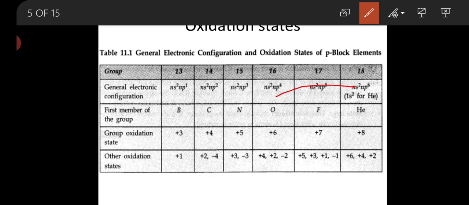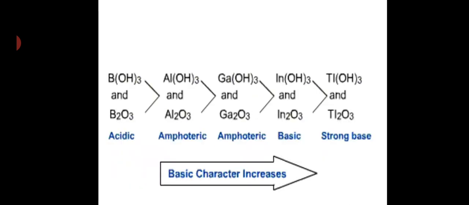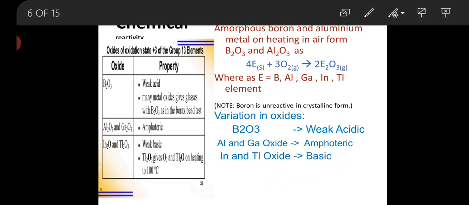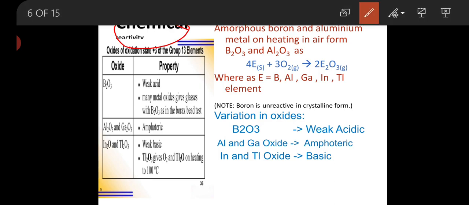So the next property we are studying is the chemical property of the 13 group elements. The first chemical property is the action of air. Generally boron is inactive, that is unreactive, in the crystalline form.